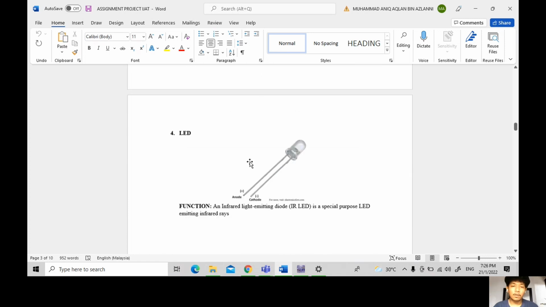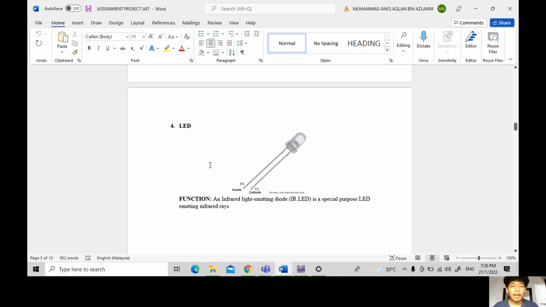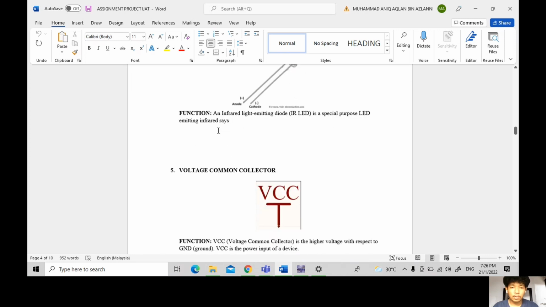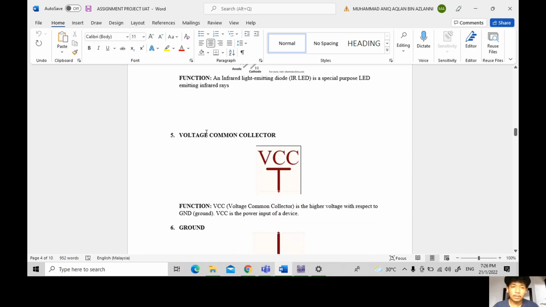So the fourth component is LED. The LED function is that an infrared light emitting diode is a special purpose LED emitting infrared rays. The next component is voltage common collector or VCC.